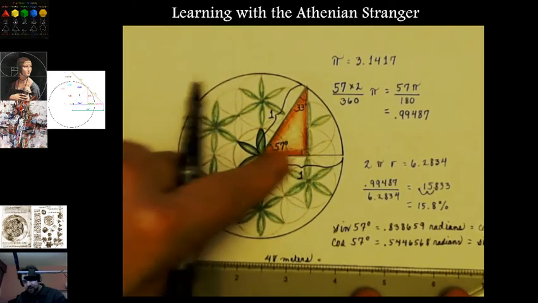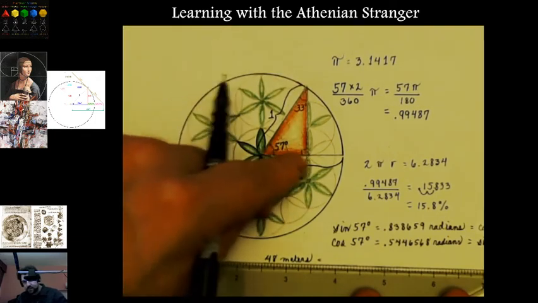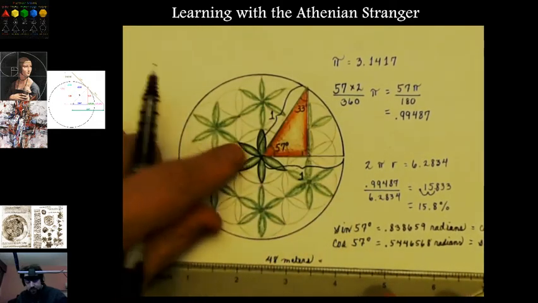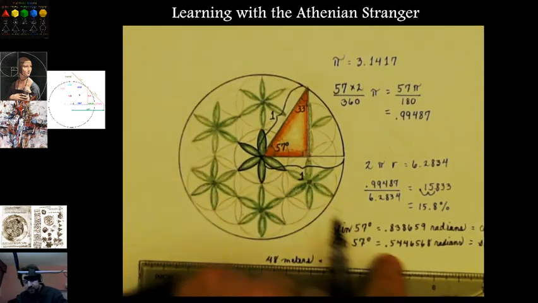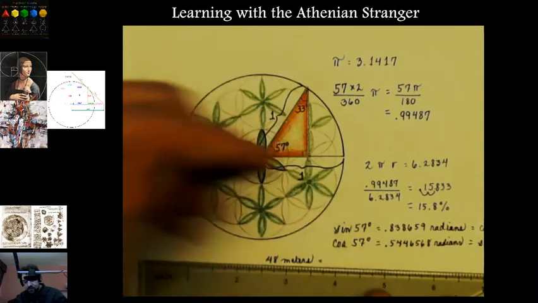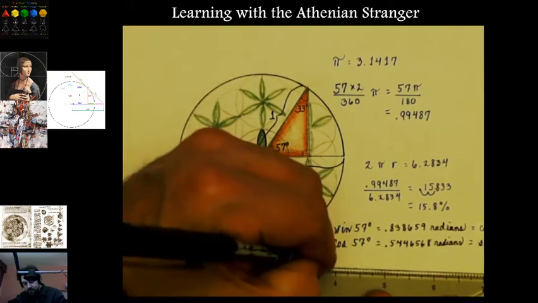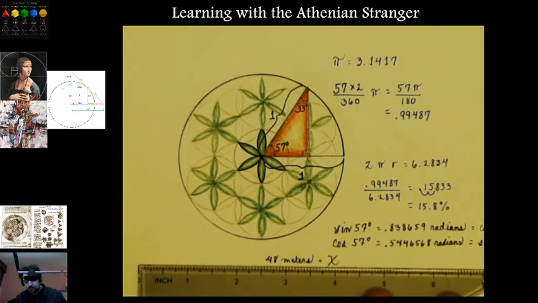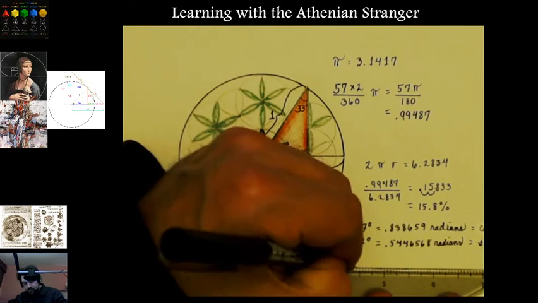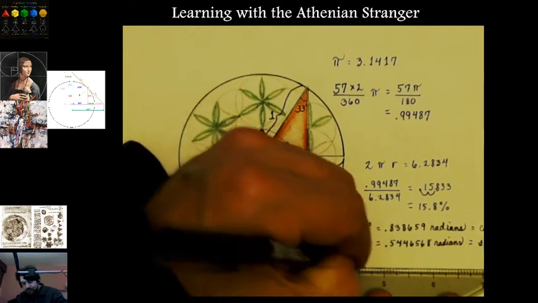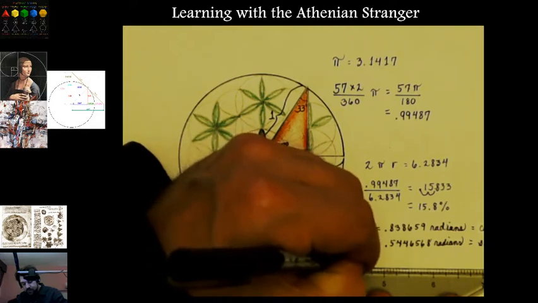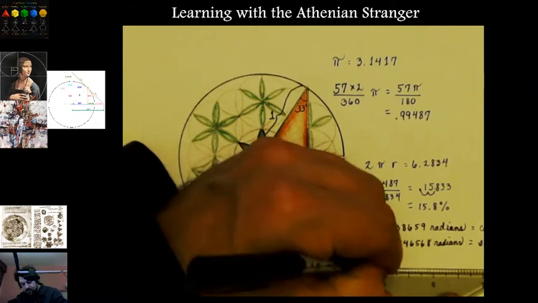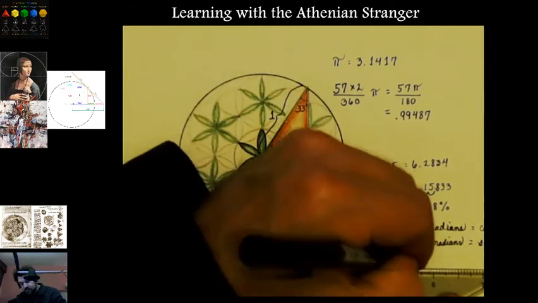Now you see, this is either the cosine of 57 or the sine of 33. Doesn't matter what I write, but both of those numbers refer to this radian measurement. So I'll say 48 meters equals x, which is my scale factor, times 0.544658 radians.